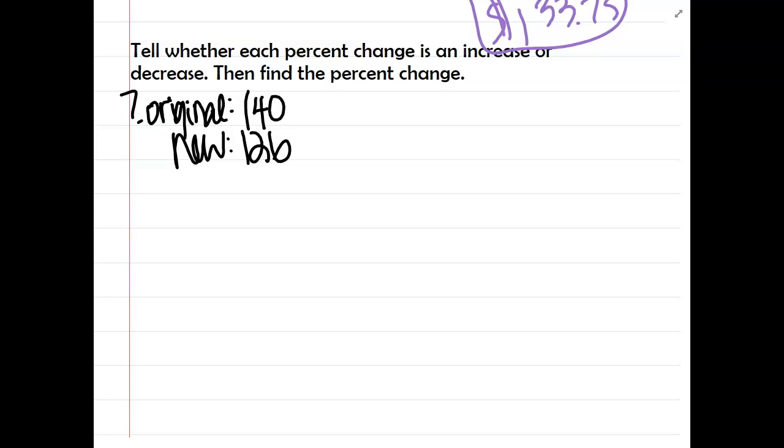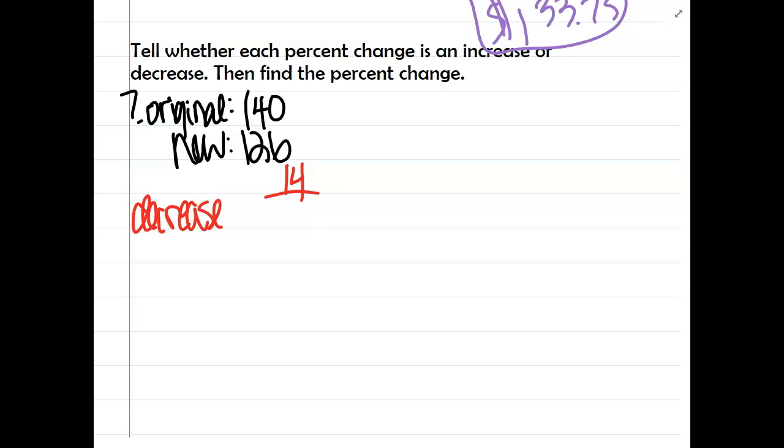First thing we want to do, we need to decide if it's an increase or a decrease. If it goes from 140 to 126, is that an increase or a decrease? That's a decrease. Now to find how much it decreased, we need to know the amount of change, and then the original. So from 140 to 126, you subtract those two, you get 14.